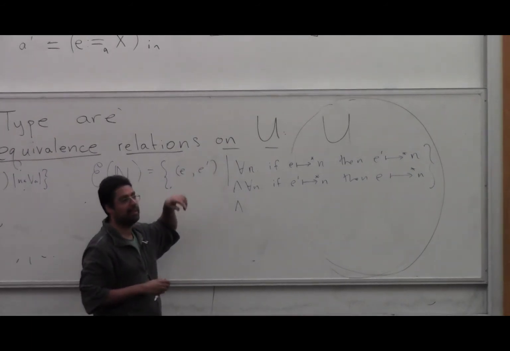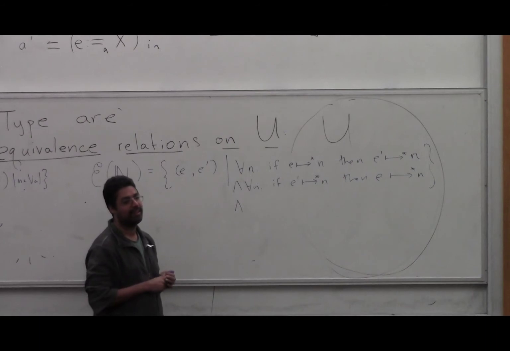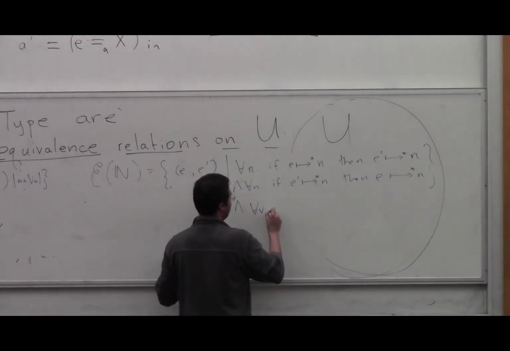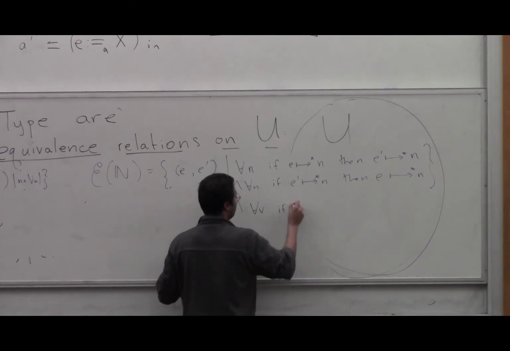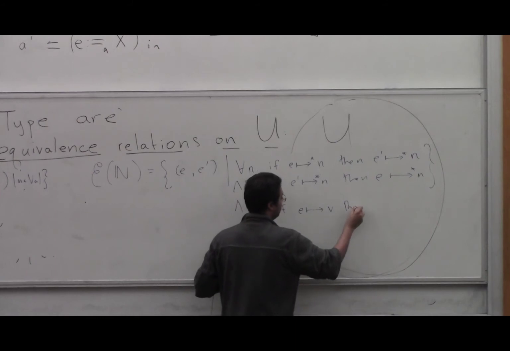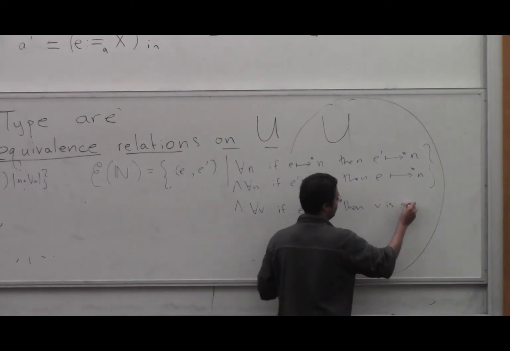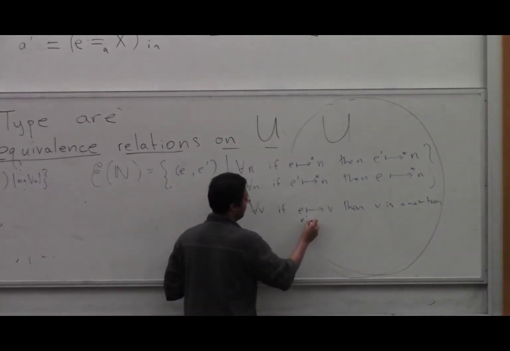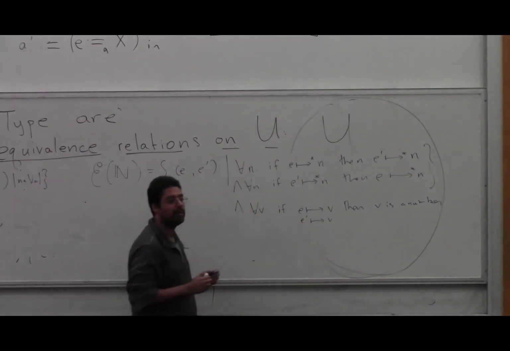So you don't want it to have like 5 or string, or 5 or hello world. So you might want to say, well, okay, for all values, if E reduces to a value V, then V is a number. And likewise for the other.